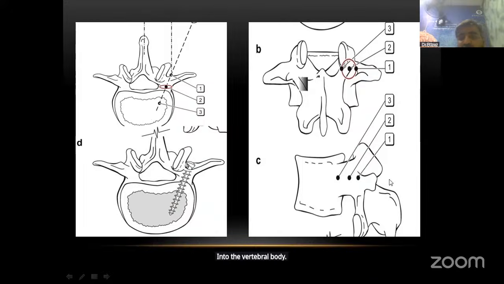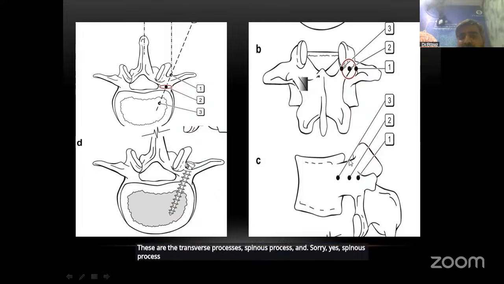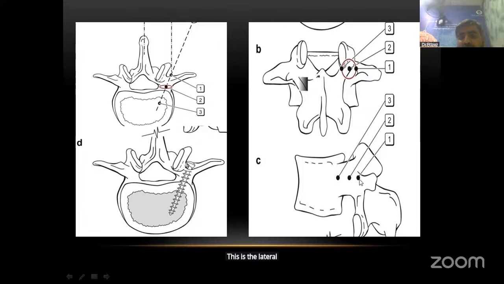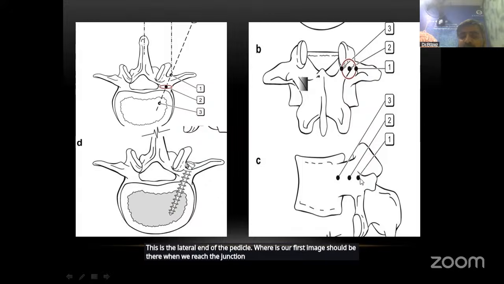This is the lateral view. When you see laterally, these are the transverse processes and the spinous process. Here will be the superior articular facet, this is the body, and this is the pedicle. This is the lateral end of the pedicle, where our first image should be taken when we reach it with the Jamshidi needle or cannulated needle.